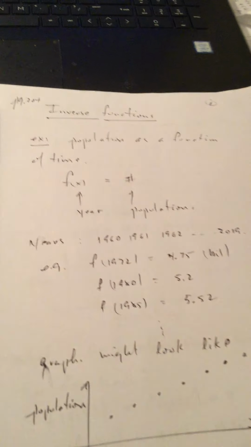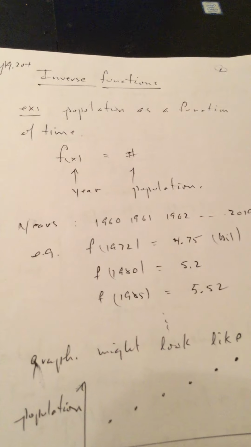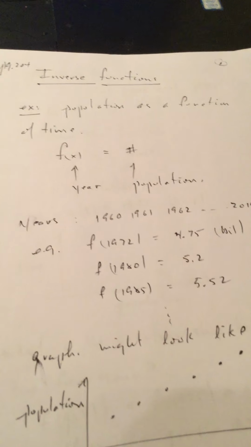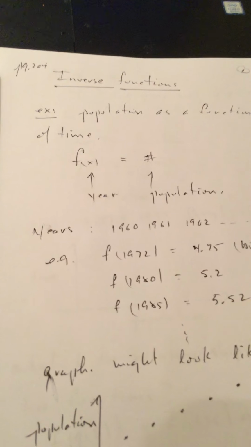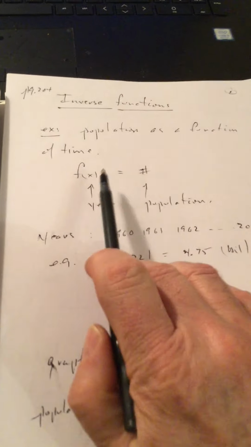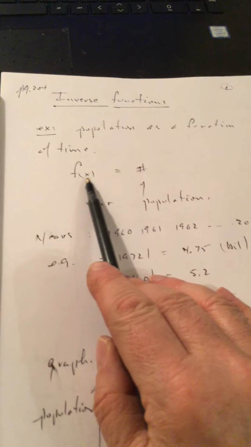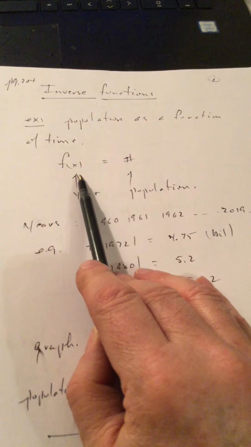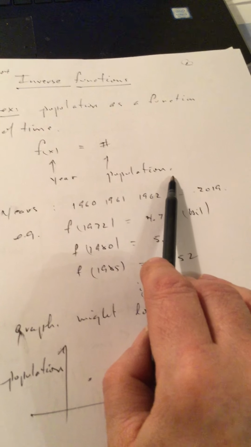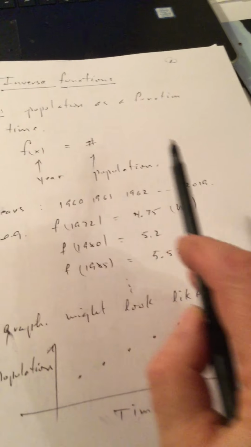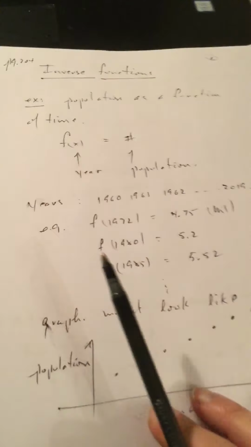Okay, so basically, think of an example of population as a function of time. So you've got population growth. You have a function f of x. The input is the year. The output is the number of people or animals or whatever it is you want to measure.